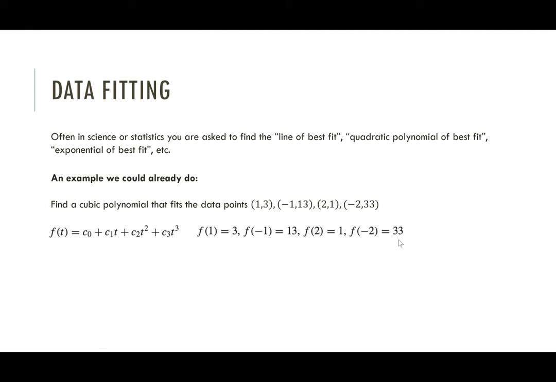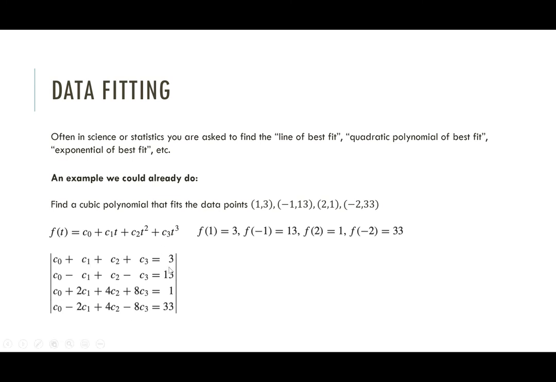In previous problems like this, you'd set up a system of equations by plugging 1 in for t and setting it equal to 3, plugging -1 in for t, setting it equal to 13, and so forth. Then you've got 4 equations and 4 unknowns, and you solve for the coefficients.